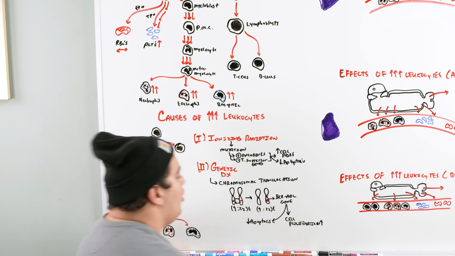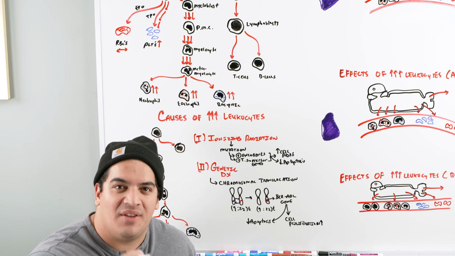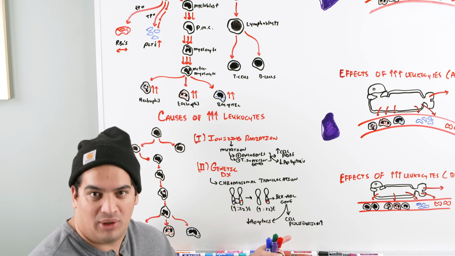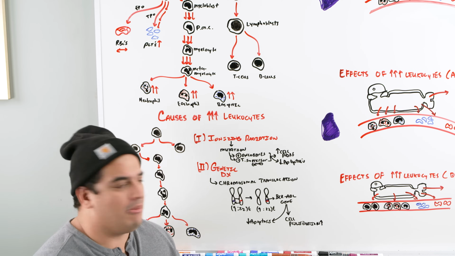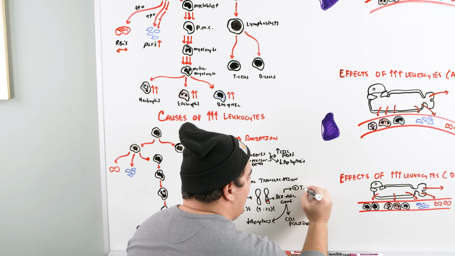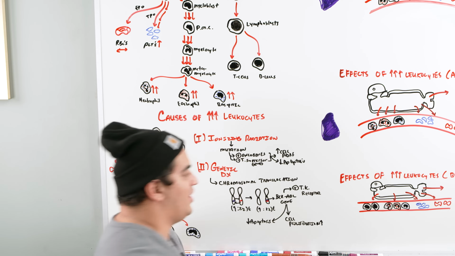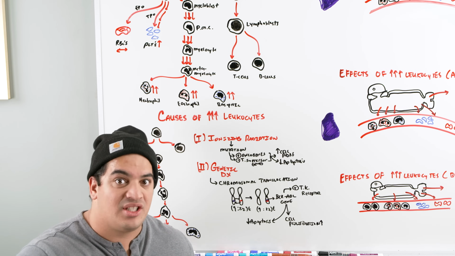apoptosis. The way that the BCR-ABL gene does this is it activates a very specific enzyme that's involved in cellular proliferation. And I actually do want you to remember this. The enzyme that it's associated with is called a tyrosine kinase receptor, which is a very special enzyme.